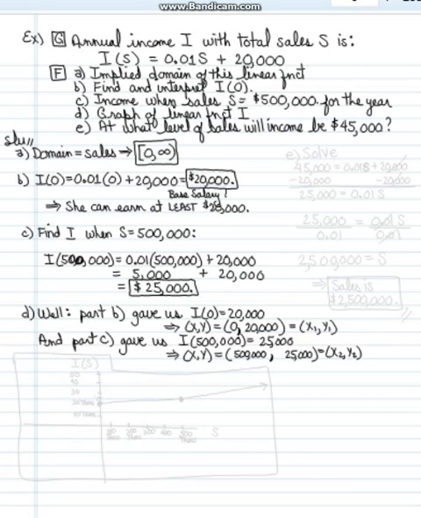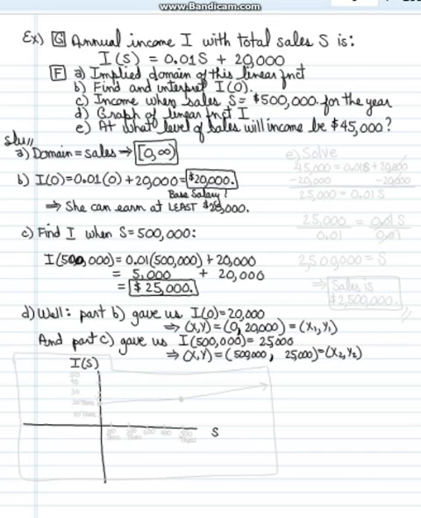Now let's draw the y-axis, the vertical axis, and the horizontal axis. The horizontal axis represents the amount of sales, S, and the vertical axis is the income at that sales level, I of S. Let's put some numbers that relate to the information we've found.